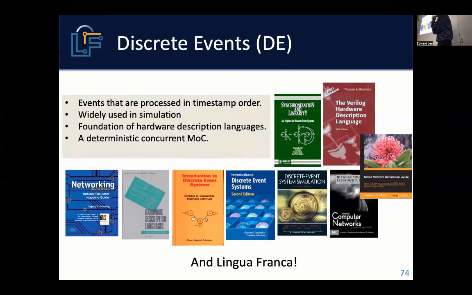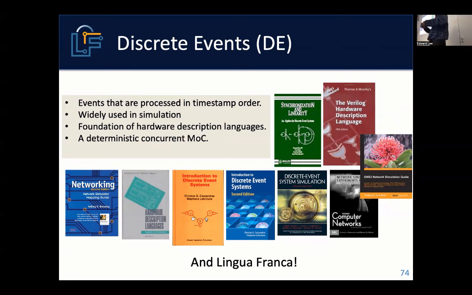So discrete event models of computation are actually used in all kinds of frameworks. They're the basis for hardware description languages like VHDL and Verilog. They're the basis for network simulations. They're used a lot in large-scale simulation systems. I think the weirdest application I saw was modeling the social dynamics in Iraq of the formation of terrorist cells.